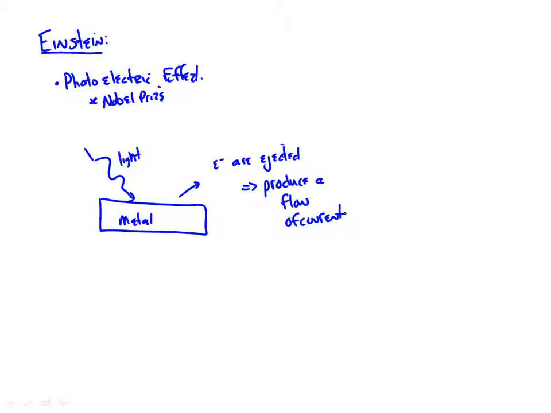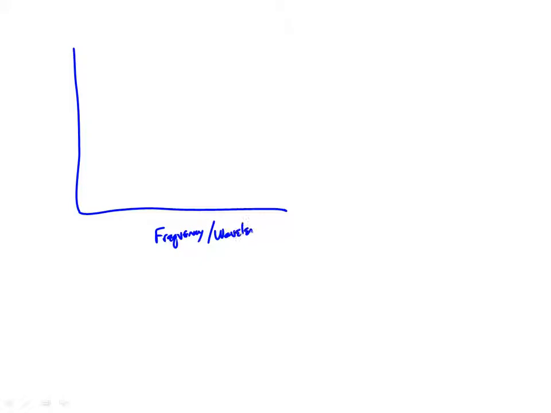So the idea is that if we shine light, then those electrons are ejected. And it leads to a graph that looks like this. I'm going to go on to a new page. I shouldn't have put this in the middle. So here's our frequency of light, or wavelength. And again, don't even worry about those words.